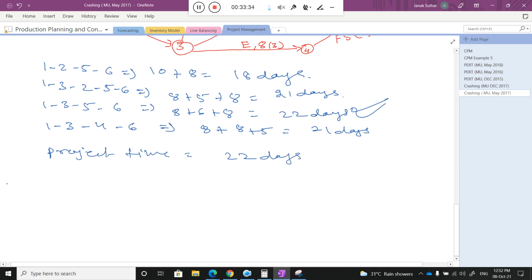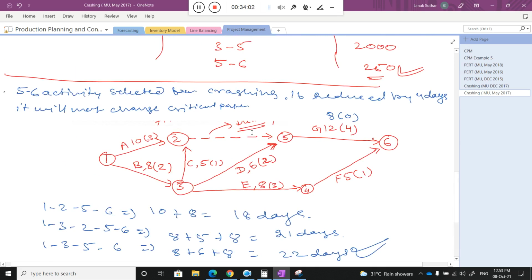Are you able to see my screen properly, because I am writing quickly, class? The project cost, what will be the cost? I know the cost at 26 days is 81,400, right? Here we reduce a particular activity, so I need to pay for it.